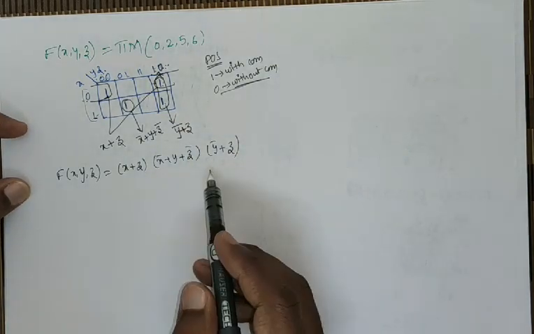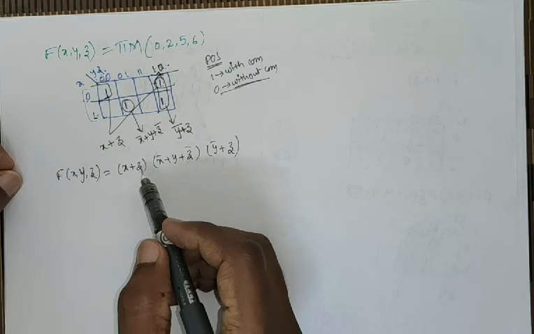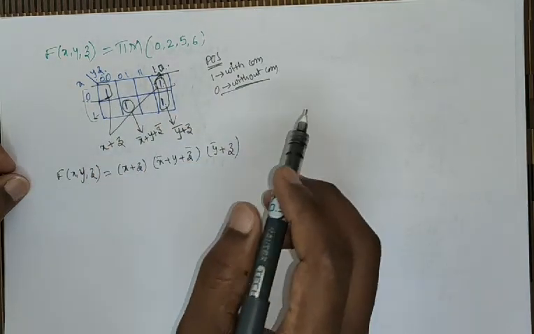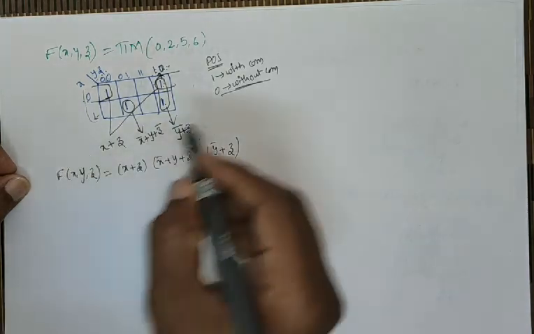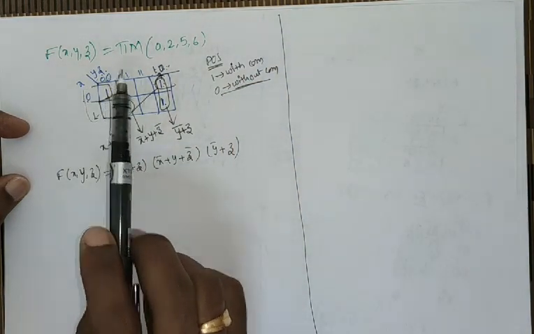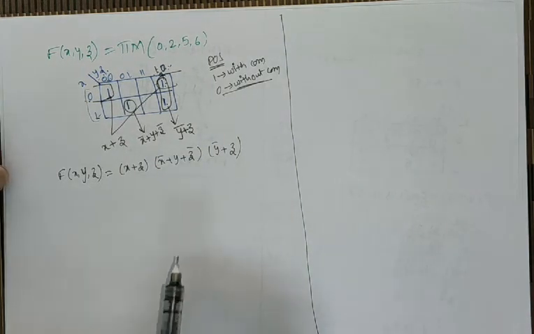Three sum terms, so this is the product of sums. Does everyone understand SOP and POS function representation?